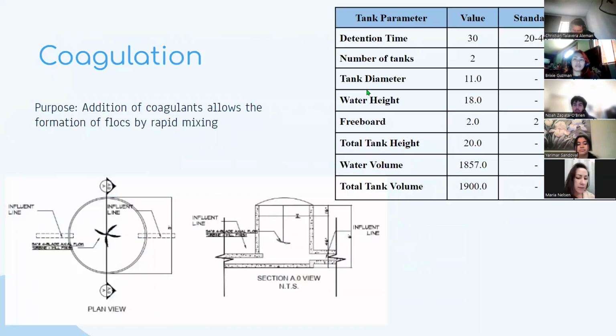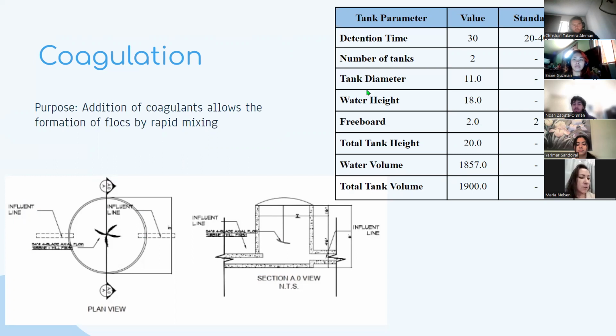So what we're looking at here is the coagulation design. The purpose of the coagulation tank is to allow the addition of the coagulants so that it can be ready for the next stage of treatment where it aggregates into larger particles.